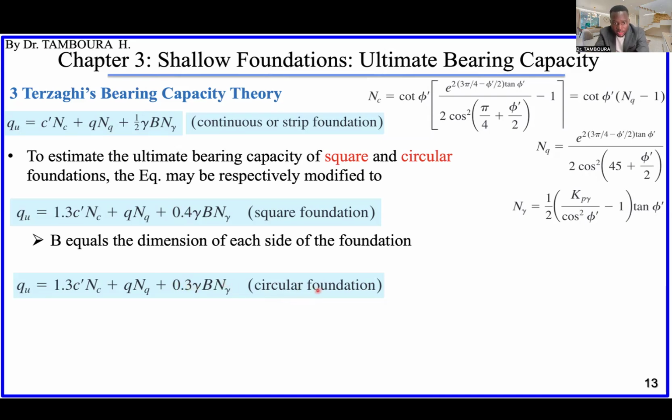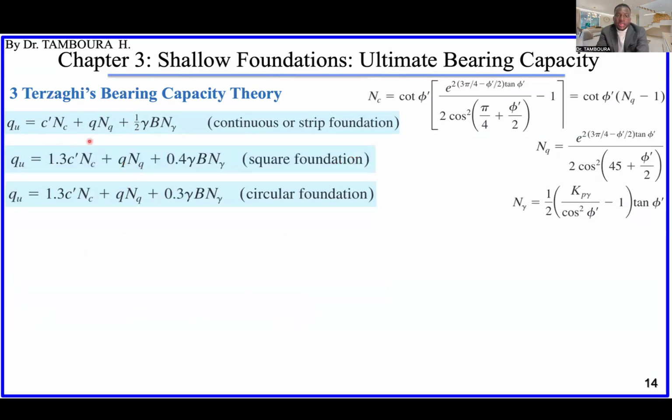But in the circular foundation, circular footing, as you can see, we don't have the width or side of the foundation here. It's circular. In that case, B will be just the diameter of the foundation.